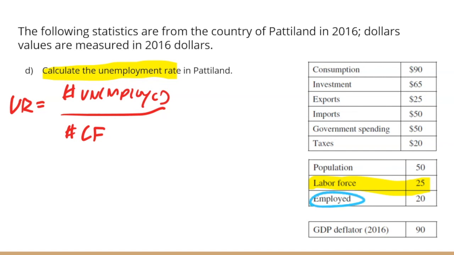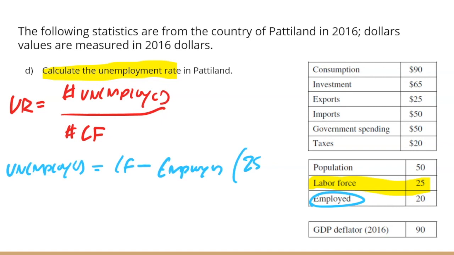Well, to get to our number of unemployed, unemployed is just going to equal our labor force minus the number of people that are employed. So in other words, we just do 25 minus 20 gets to 5, which means in the society there are 5 people that are considered to be unemployed.